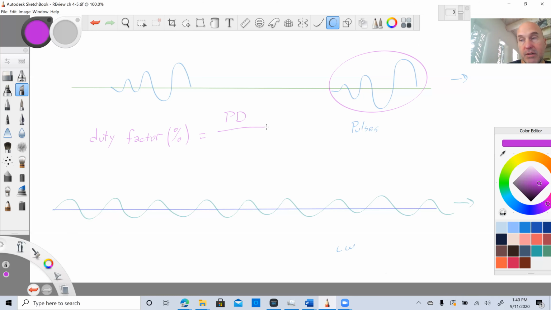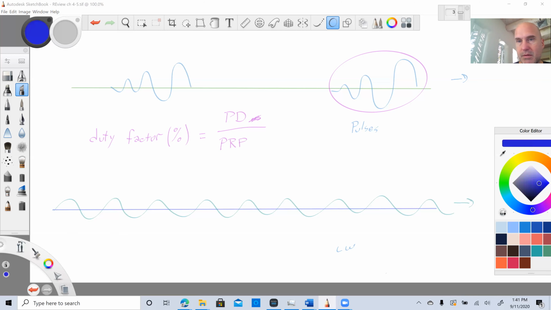And that's pulse duration in microseconds. We're not going to worry about that. It's just better you don't worry about it for this particular case because it's microseconds and possibly milliseconds.